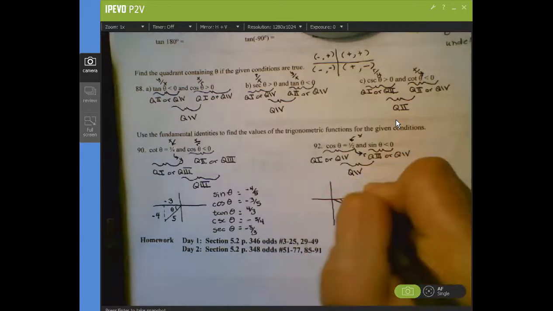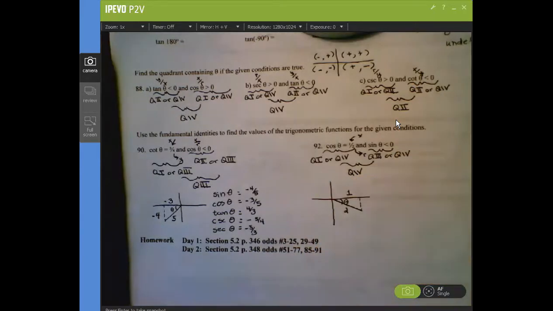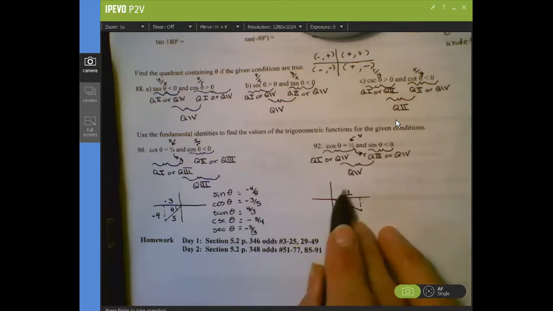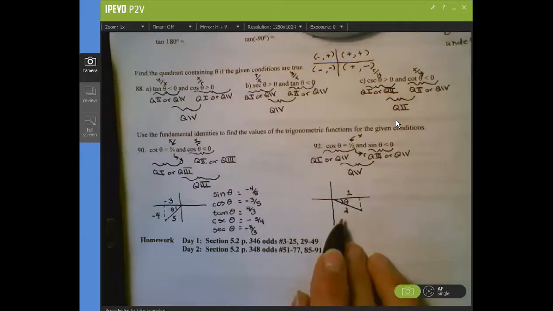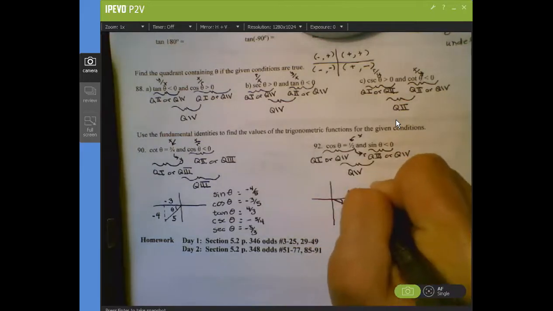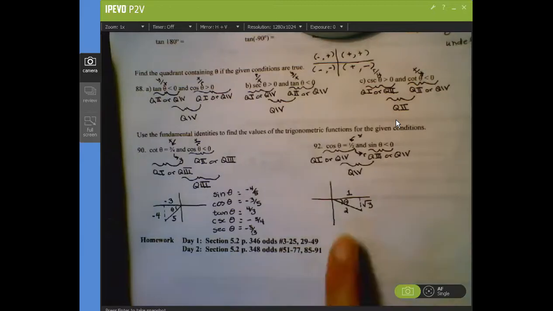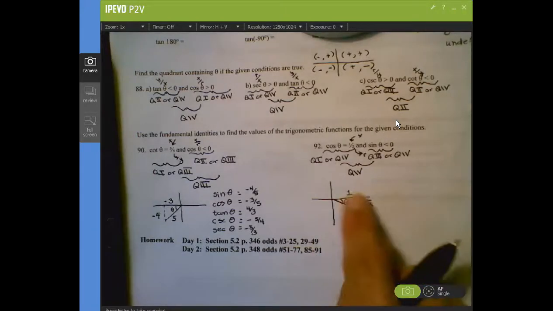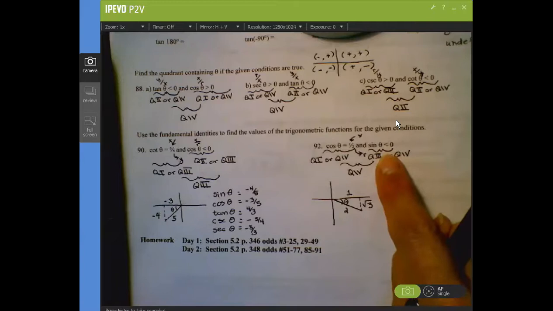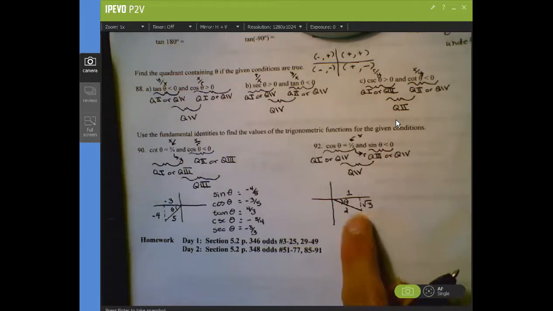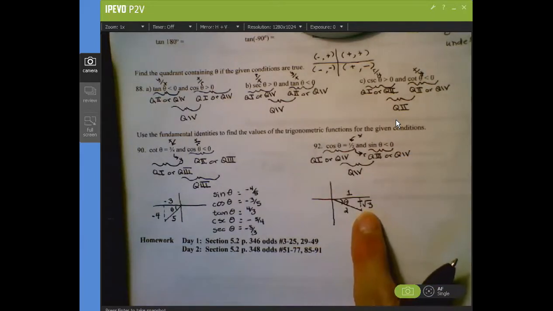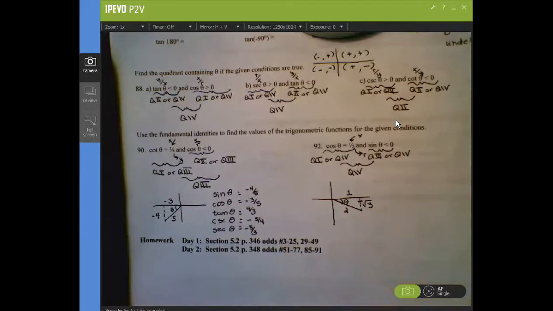The x, the horizontal distance, is 1. And by the Pythagorean theorem, this vertical distance would be the square root of hypotenuse squared minus leg squared, or square root of 4 minus 1, square root of 3. That's almost right. Cosine of theta is 1/2, but the way I've labeled this triangle, sine is not negative. I need to remember that this angle is in the fourth quadrant, so that side opposite theta is negative square root of 3.